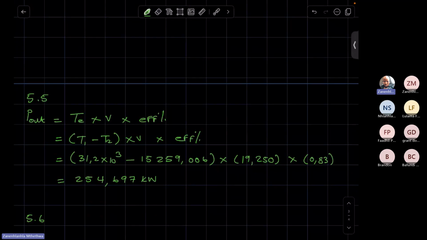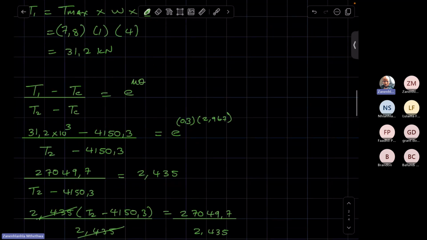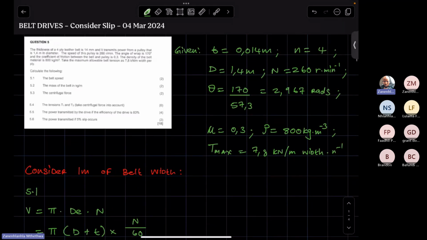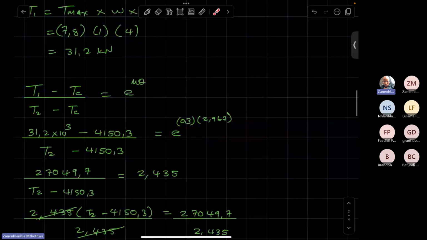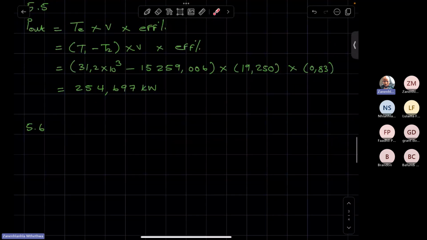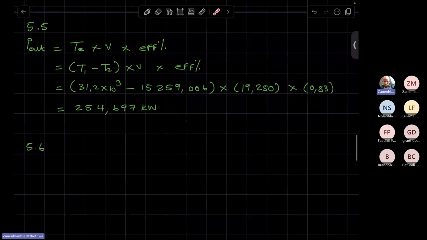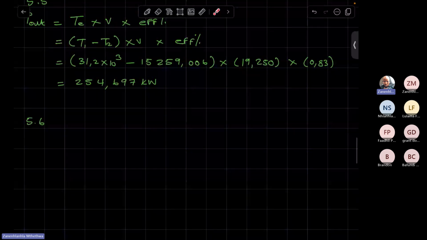This is the simplest way of doing it. Now, 5.6, the power transmitted if 5% slip occurs. So our belt is 83% efficient, and now on top of that, a slip occurs. So they want you to calculate the power. We are going to call this power P slip.